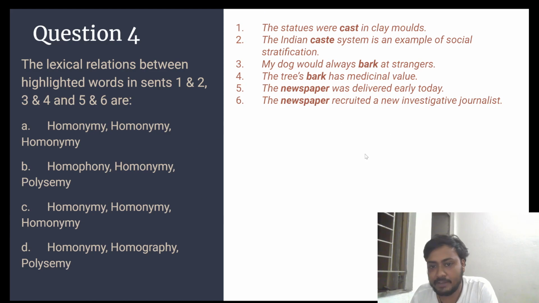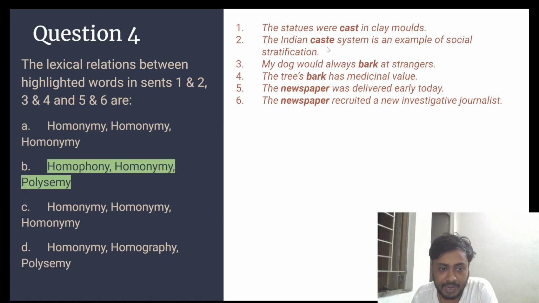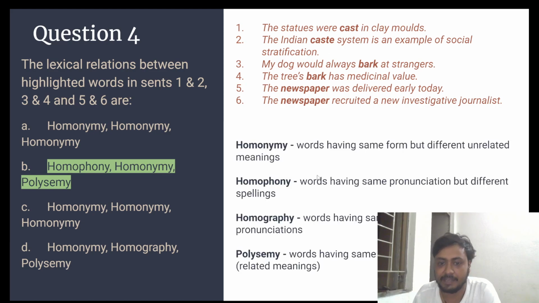Okay. So because this is a bit unclear, let's have a look at what is actually happening. Homonymy is basically words that have the same form but different unrelated meanings. Same form means they have to have the same spelling and same pronunciation.